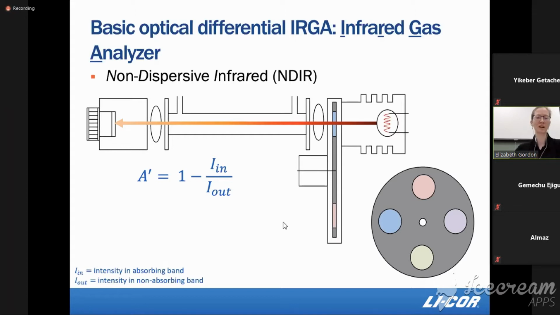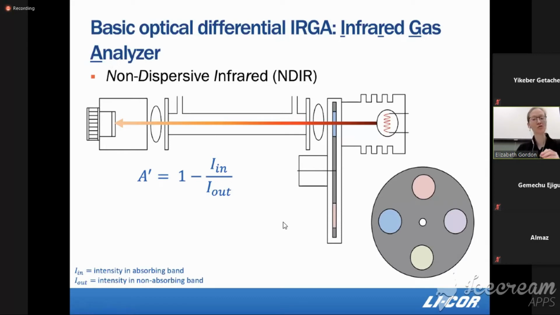And the principle of a basic optical differential infrared gas analyzer is that we have a source, which is an infrared light bulb, essentially. And then we have an optical path. We have a detector. And what we do is we know how much light went in.